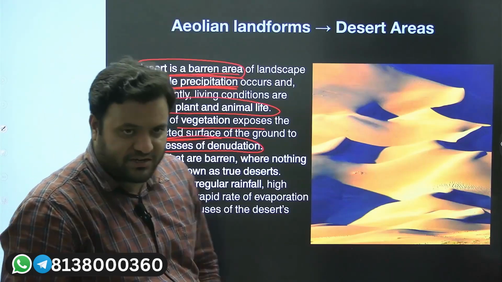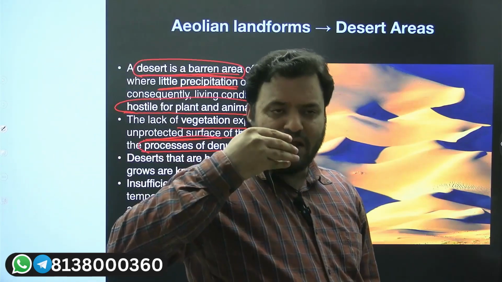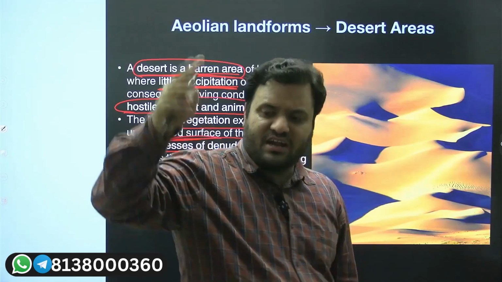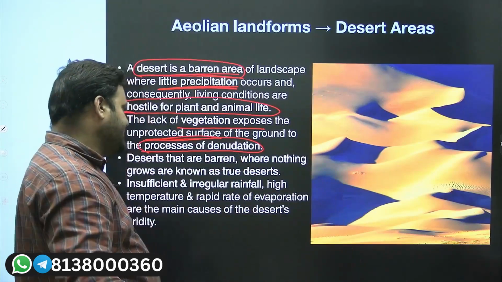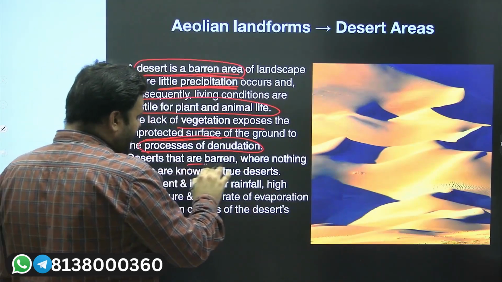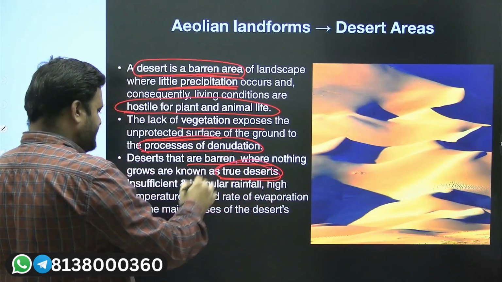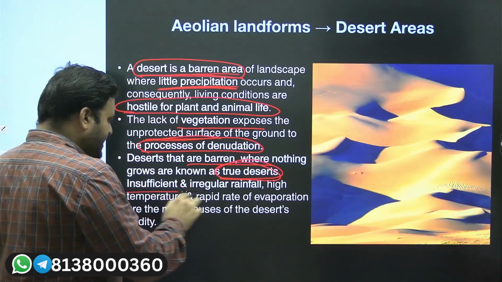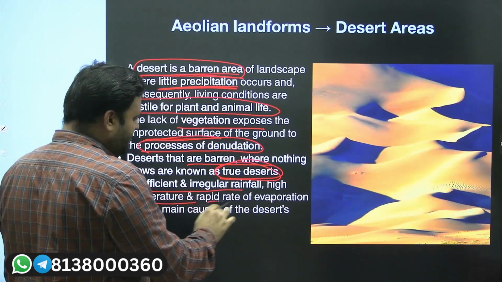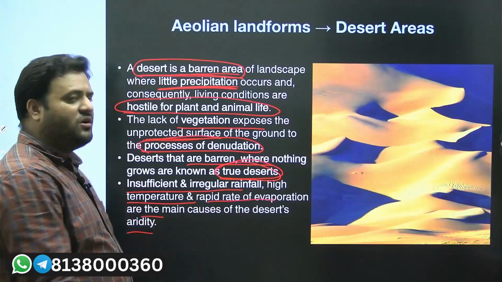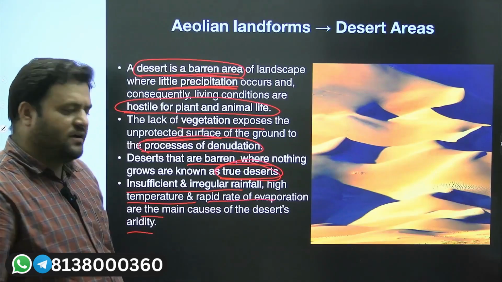I hope you remember denudation, that means removal, that means materials are transported and ultimately deposited. So deserts that are barren, when nothing is there, will be called as what? True desert.